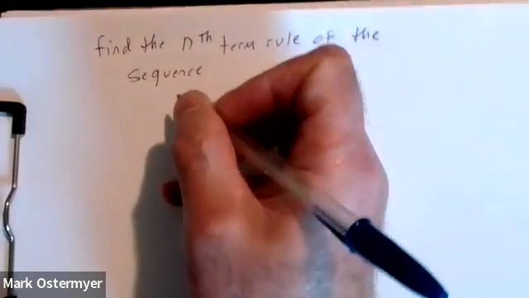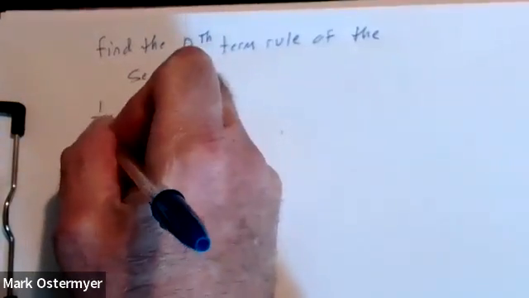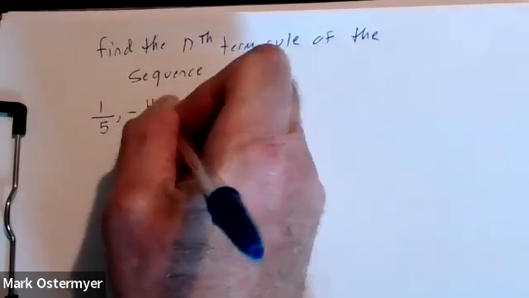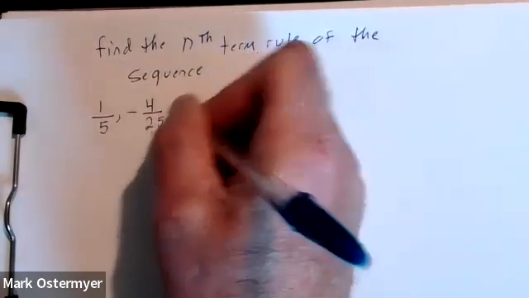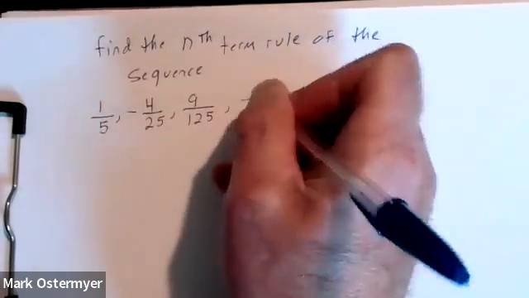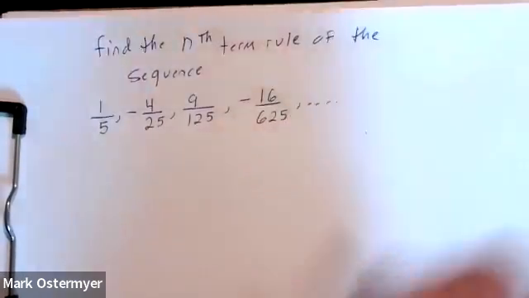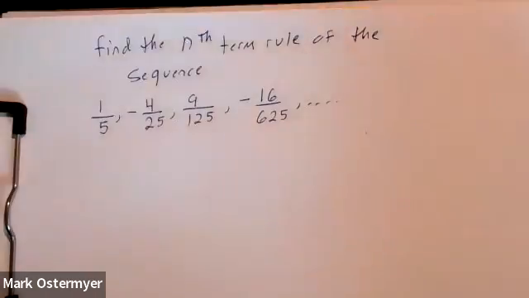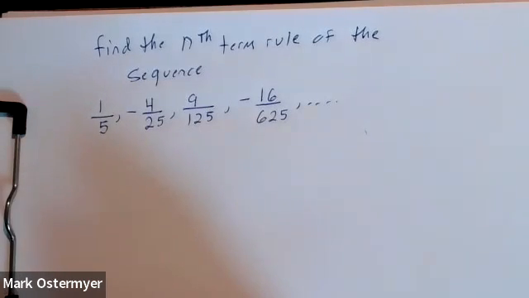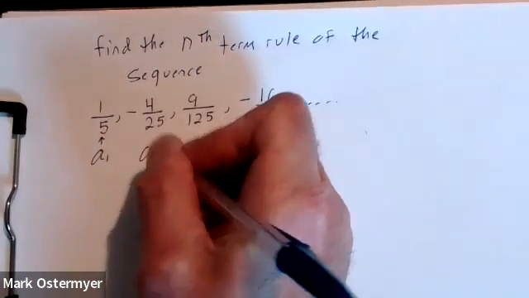Now I just want to look at a couple more here. If I have the sequence and I want to write the nth term rule for the sequence, a rule that would generate any term of the sequence, what I have to do is concentrate on the relationship between the term index and the actual value of the term.